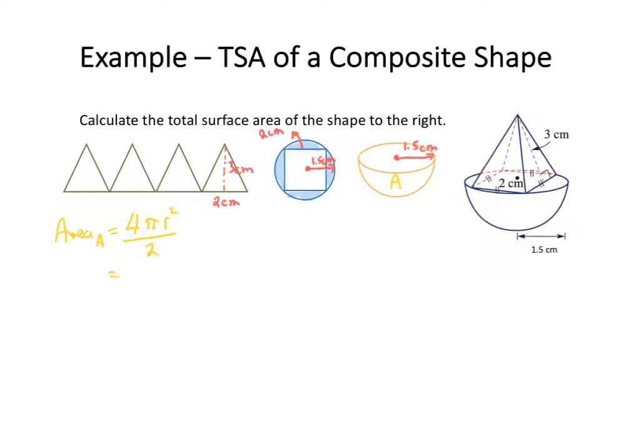Substituting in my radius, 4 times pi times 1.5 squared, and we're dividing that by 2. Using a calculator, the surface area of the semi-sphere is going to be 14.14 centimeters squared. So I can add that to my diagram up the top, 14.14.